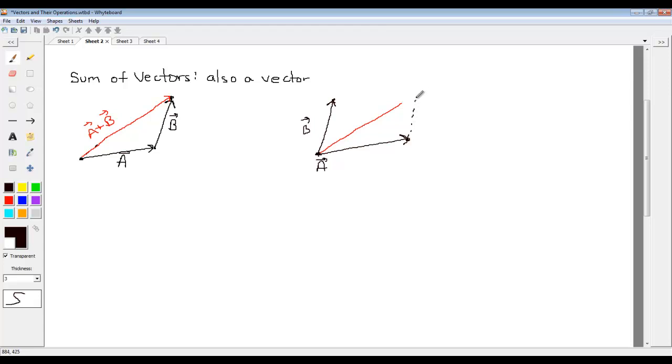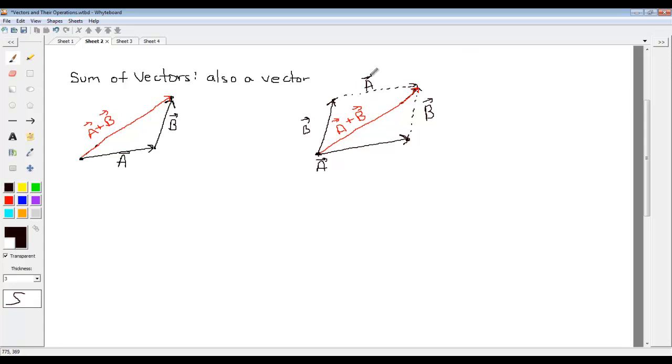If you put another B here, and another A here, you can make this little parallelogram. And the diagonal of the parallelogram is A plus B.